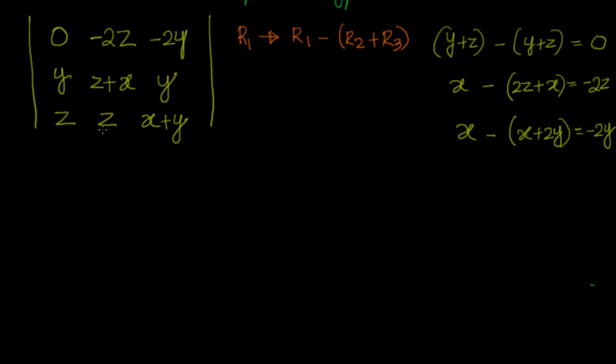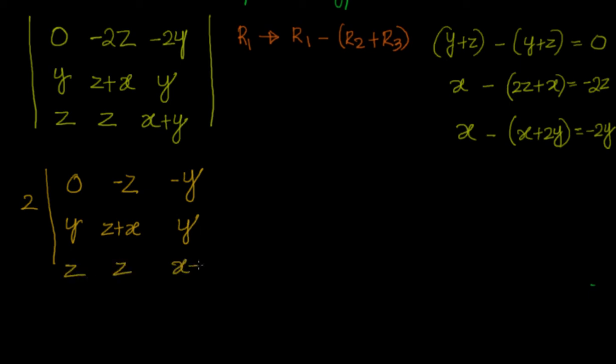So first I will take 2 out. That will be equal to 2 into the determinant with first row 0, minus z, minus y; second row y, z plus x, y; third row z, z, x plus y.